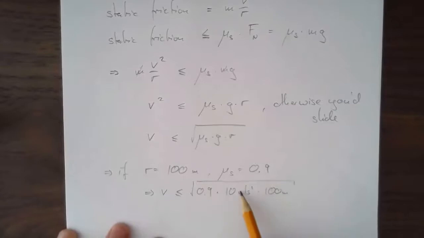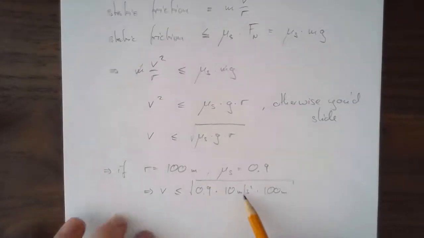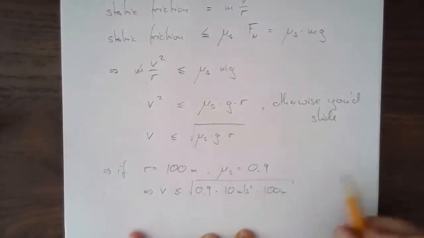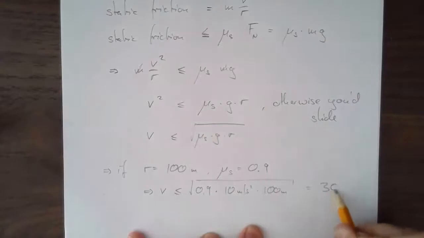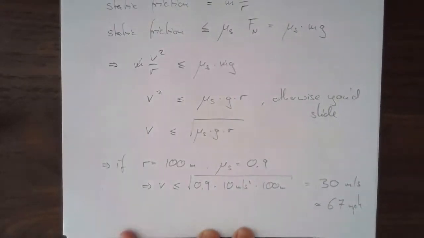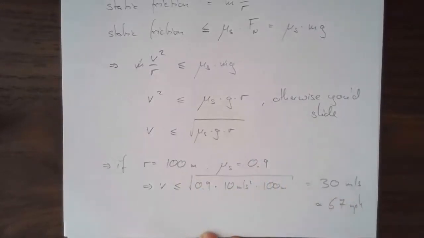The units are meters squared per second squared, so take the square root, you just end up with meters per second. That's 900, square root of 900 is 30 meters per second, which, if you want to know, is about 67 miles per hour. Right, so on a flat road, under those conditions, 100-meter radius turn, that's your maximum speed. Otherwise, you would start sliding.